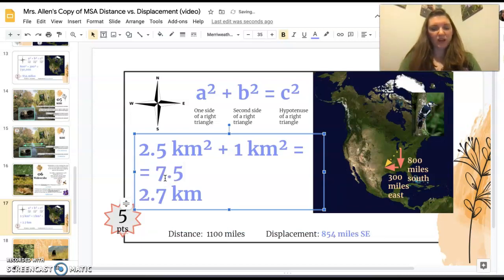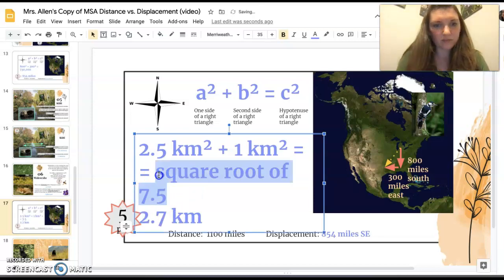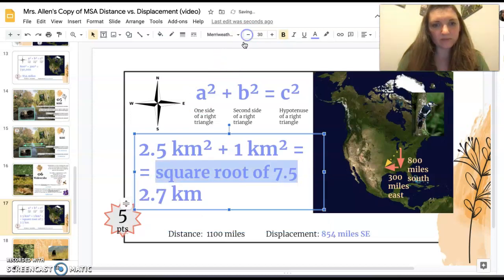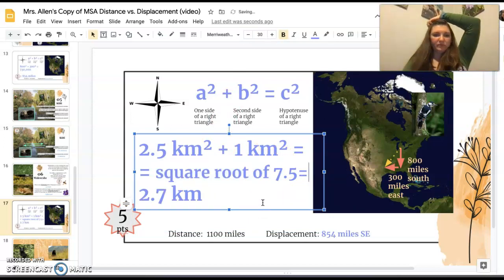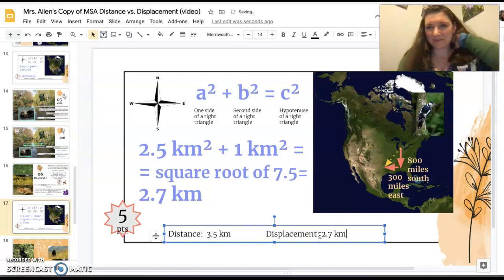Equals 7.25, and then the square root of that equals 2.7. Okay, and then so the distance here is 3.5 kilometers, and the displacement is 2.7 kilometers.